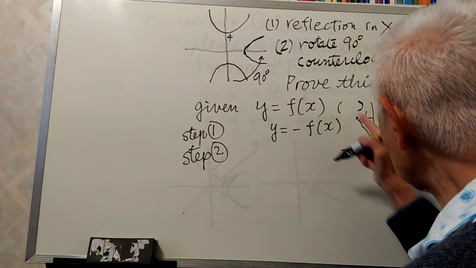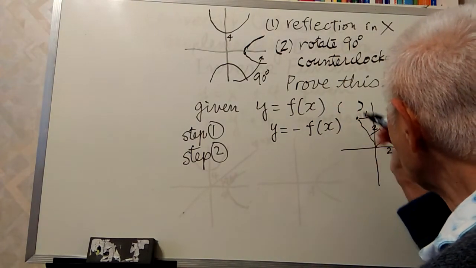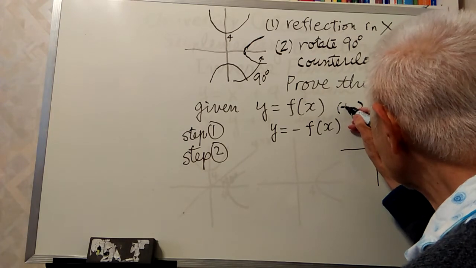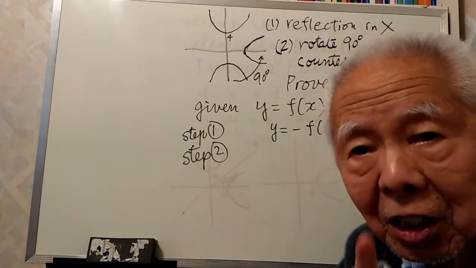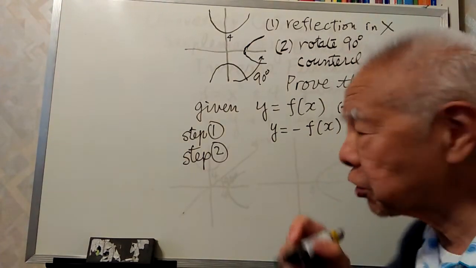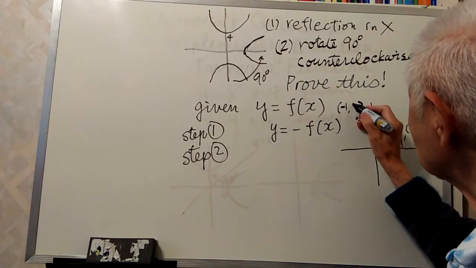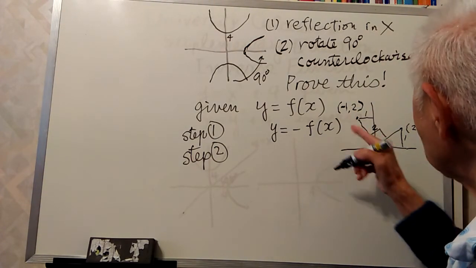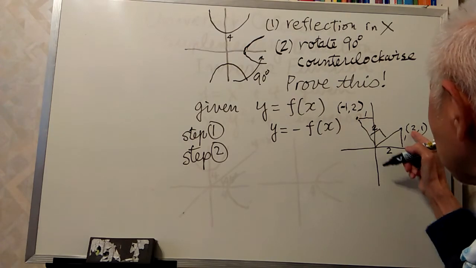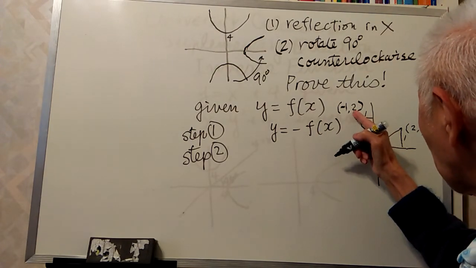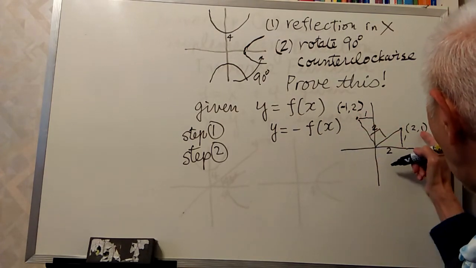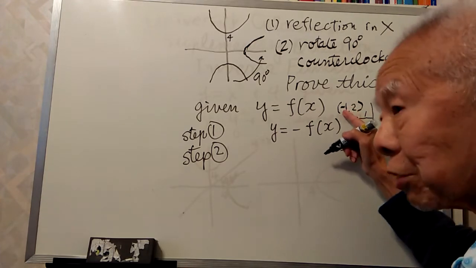The new x coordinate is this, which is -1. What is the new y coordinate? Which is 2. So you see, this 2 goes to here. And this 1 goes to here with a negative sign.